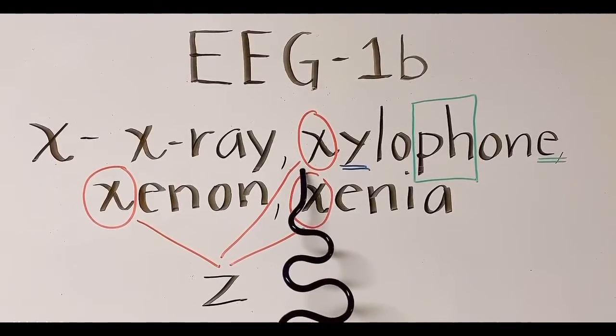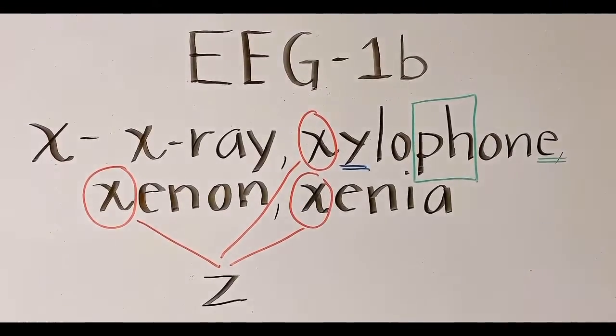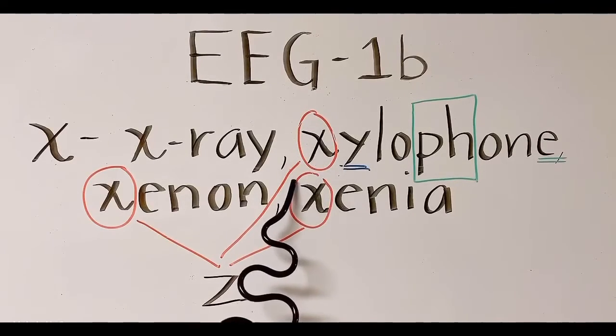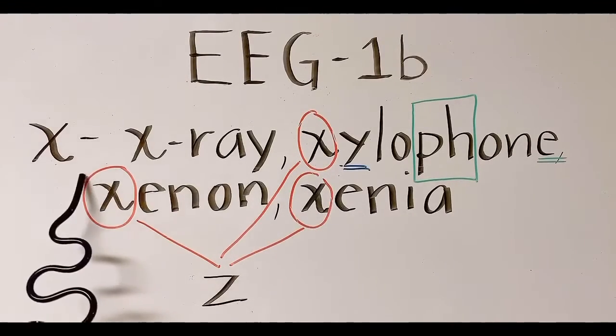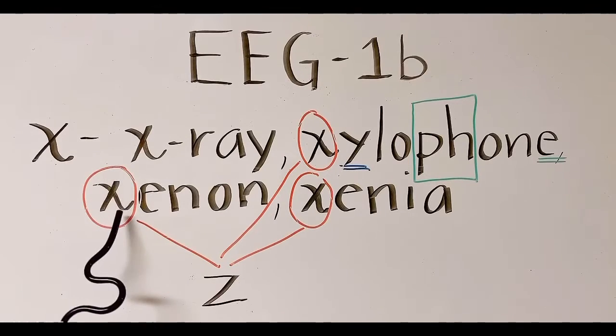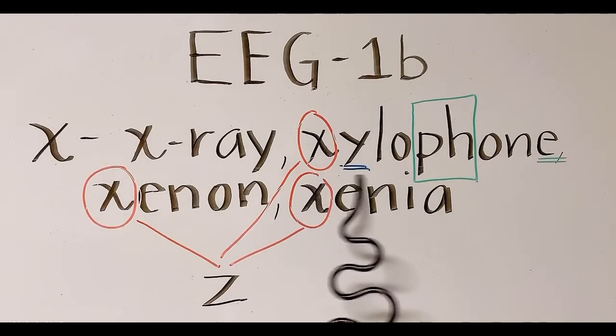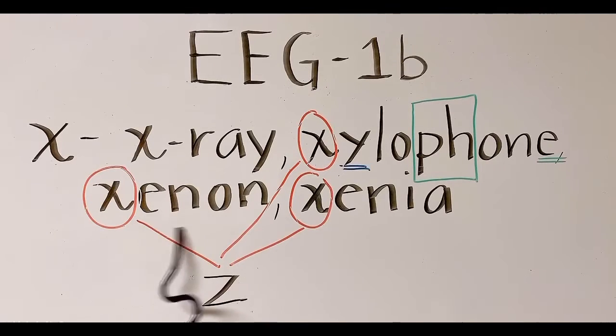Let's review the words. Look at the word xylophone, xenon and xenia. The letter X here and here and here, they all sound like the letter Z. Z, Z, xylophone, xenon, xenia.